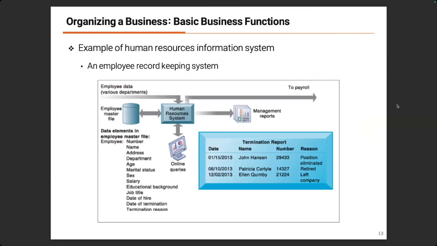And this system can produce various reports about human resources, for example, lists of newly hired employees, employee classifications, job performance evaluations, and employees who are terminated or on leaves of absence. Such systems are typically designed to provide data that can satisfy federal and state record keeping requirements for equal employment opportunity.